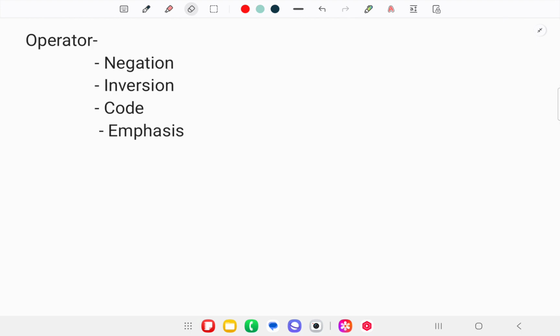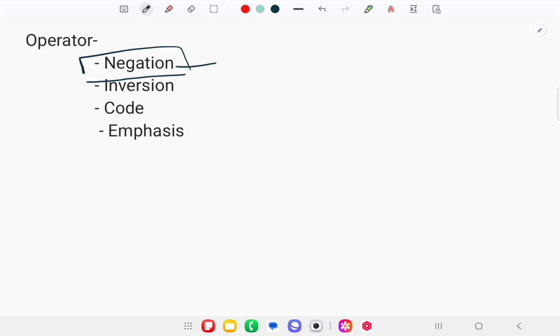The operator plays an essential role in the formation of sentences and structures, like negation, inversion, code, and emphasis. These are very important points from the linguistics point of view: what are the operators, what is negation, what is inversion, what is code, what is emphasis. So at first we should know what negation is.